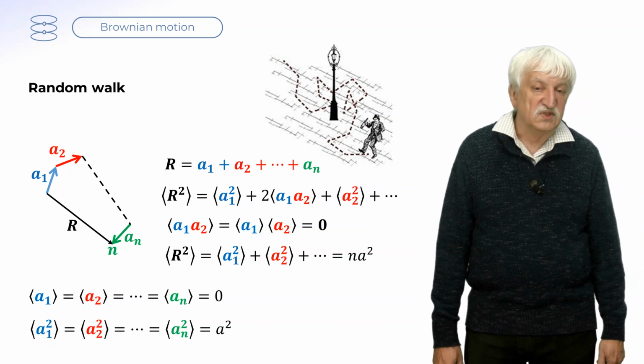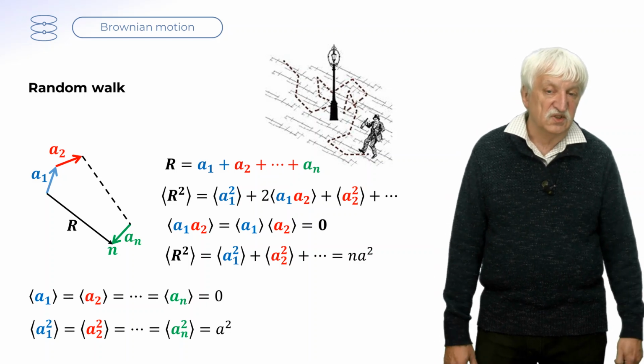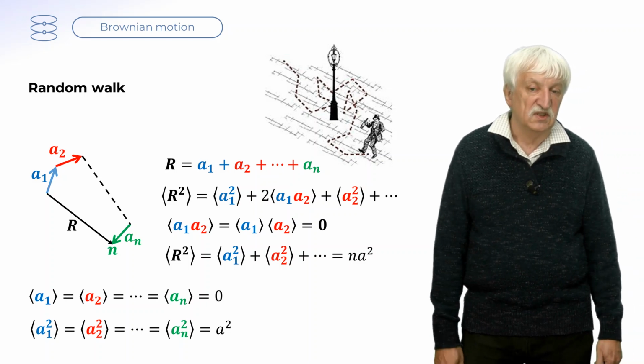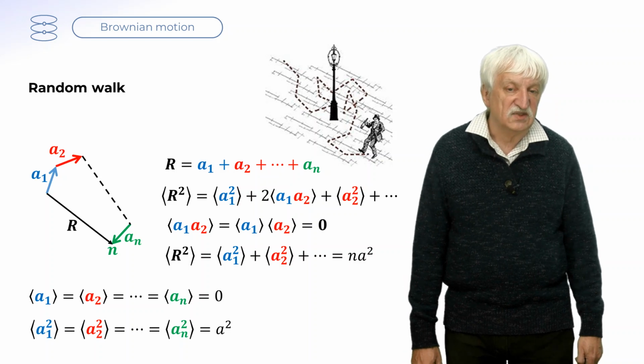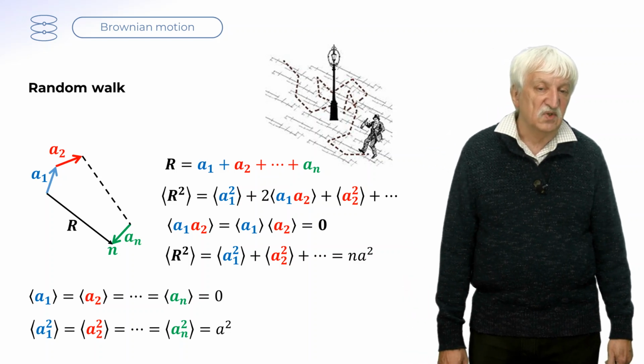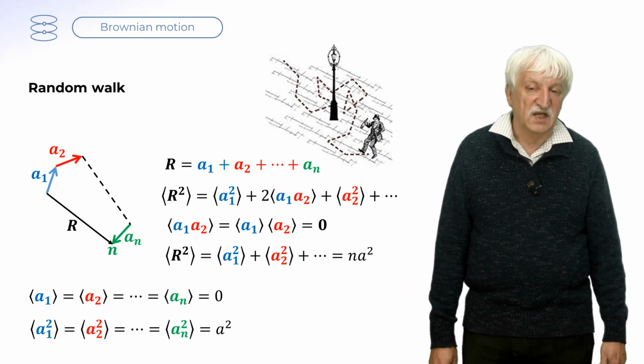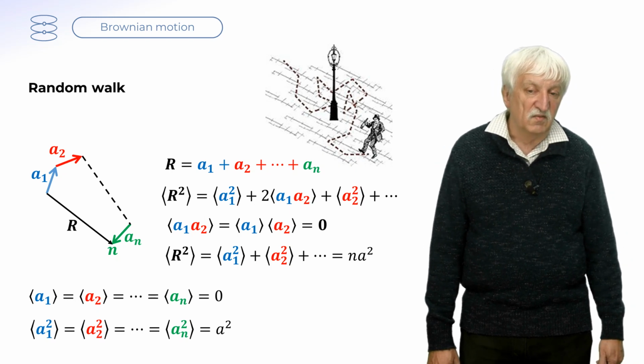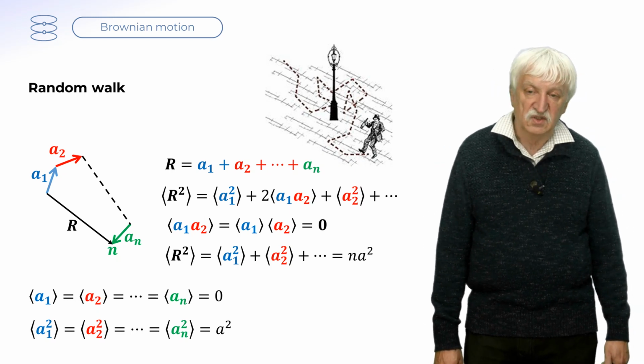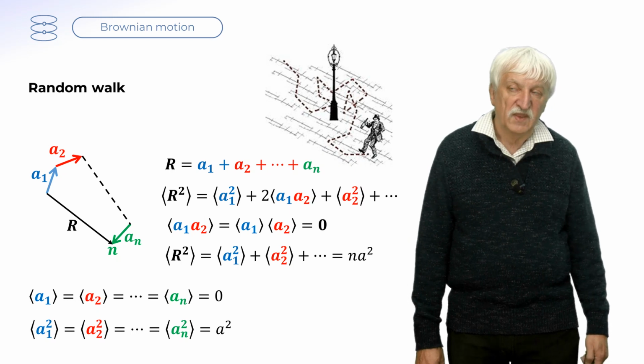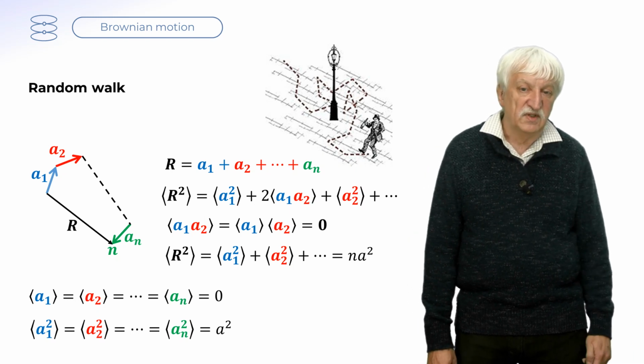But the average of this term is zero just because the steps are independent of each other. As a result, we get that R squared is equal to n times a squared, where a squared is the average squared size of one step.